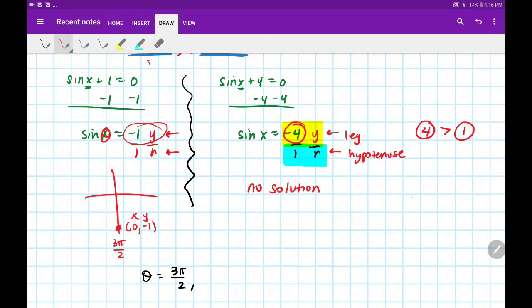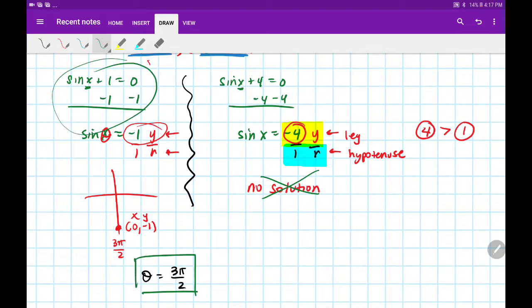Absolutely not. Our leg can't be longer than the hypotenuse in a right triangle, right? Then it wouldn't connect. So because this violates the rules of right triangles, this is a no solution. So let's finish this problem really quick. From this equation, we got no solution, but then from this equation, we got one answer. So in total, we have a single answer, theta equals 3 pi over 2.